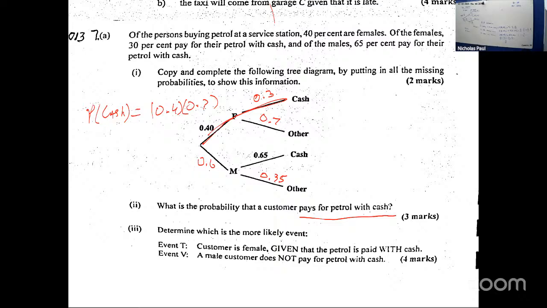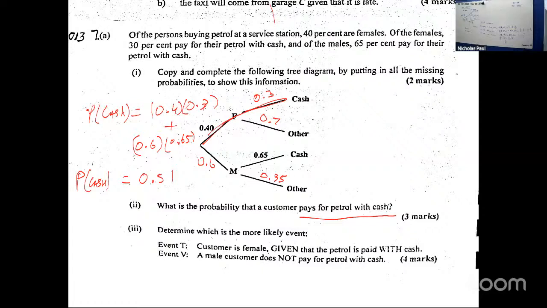So I put in or. Or means add. Male is 0.6 and cash is 0.65. How much is that? 0.39. So the probability of cash is 0.51.